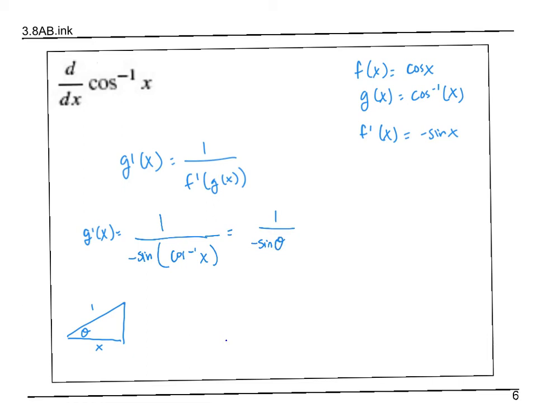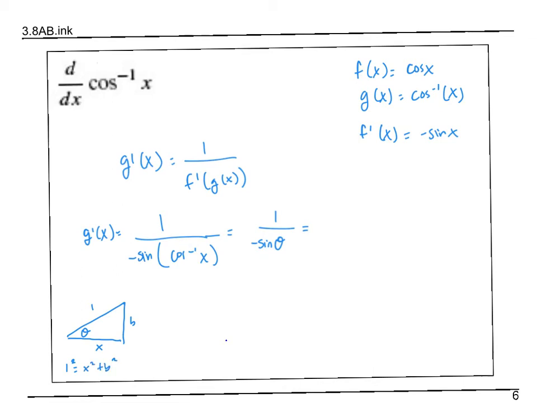But what is negative sine of theta? I don't want my answer to be in terms of theta because my derivative is in terms of an x. So I have to keep going. What is negative sine theta? Well, sine of this angle is opposite over hypotenuse. So what's my opposite side? Well, I can use Pythagorean theorem. So 1 squared equals, I'll call this b for right now, 1 squared equals x squared plus b squared.